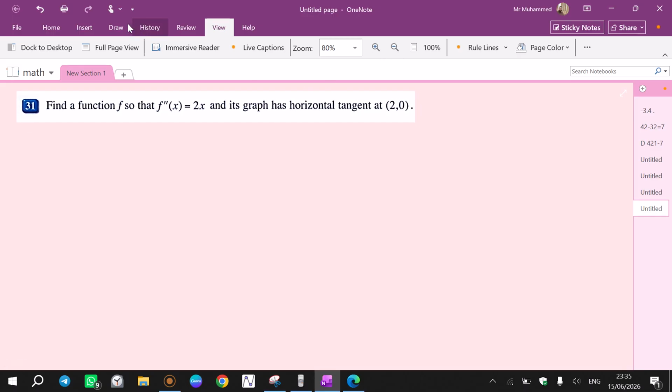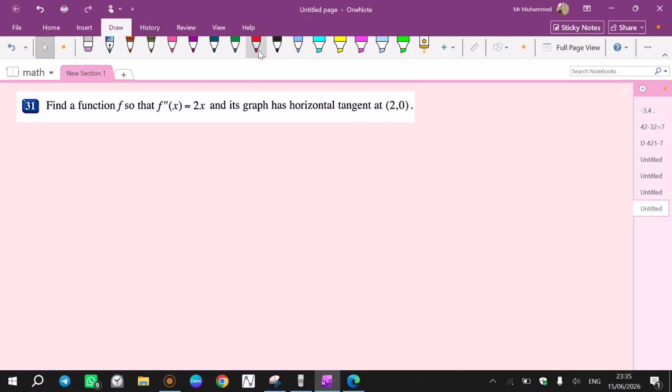View 100% is a lot, 80 is good. Let's begin. Firstly, f double prime is given. In order to get f back, I need to do integral twice. Another thing that is given is horizontal tangent at a point.